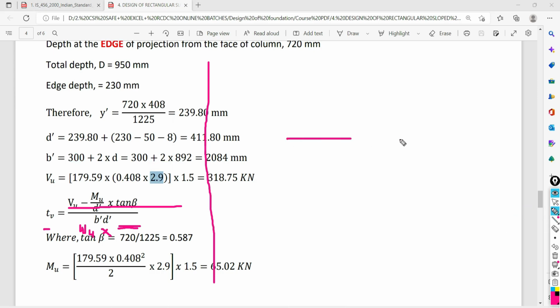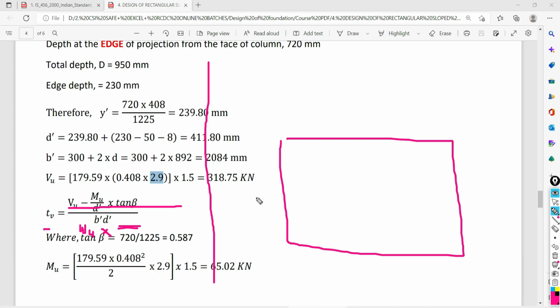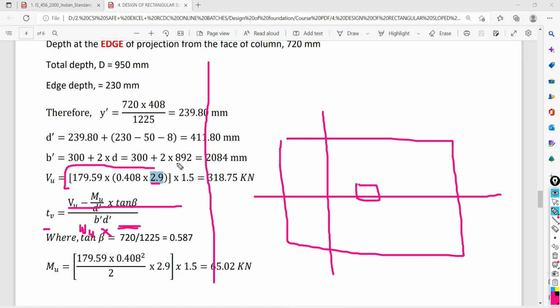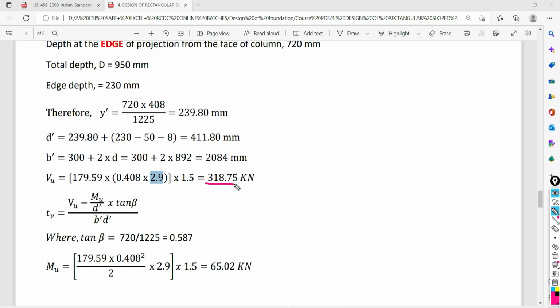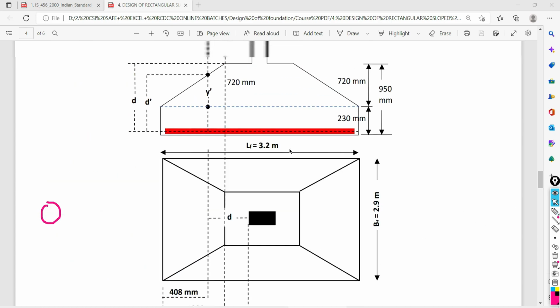We are going to do the calculation of the one-way shear along the length, so we have to consider the width. So the width is the total width, 2.9 meter. I am going to multiply this service load with the 1.5 value. So we are getting the factored shear force at that critical section as 318.75 kilonewton.